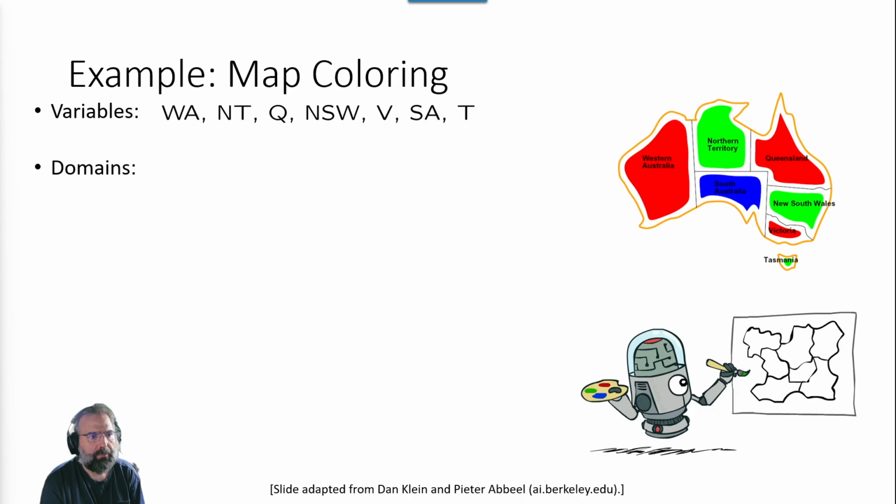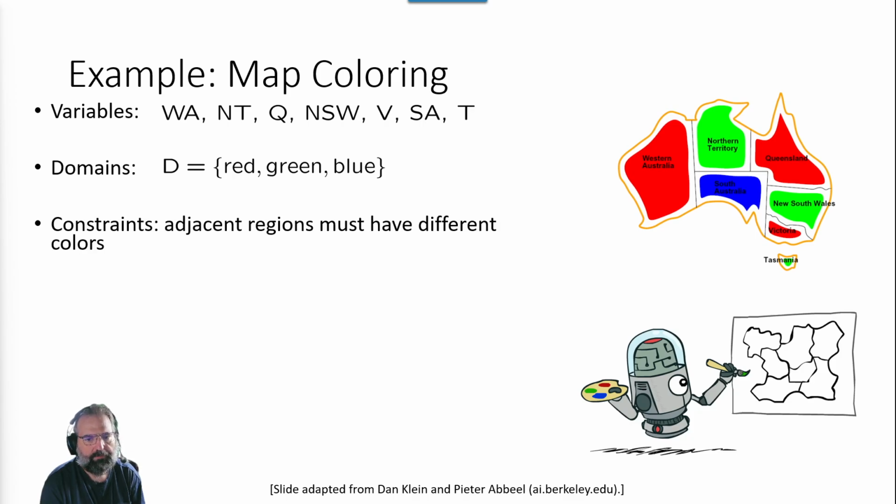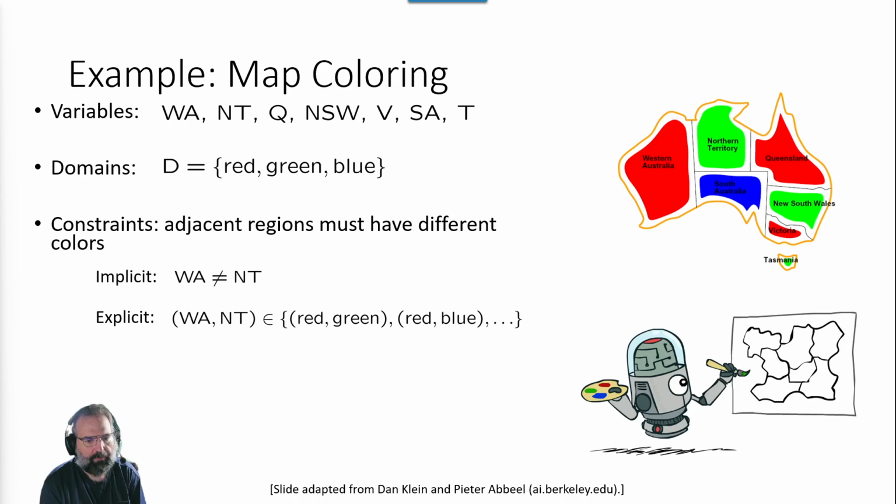For simplicity, we abbreviate Western Australia as WA, and NT is the Northern Territory, and so on. The domain is, in this case, the three colors we have access to. Adjacent regions must have different colors. That's our one constraint. So WA can't be the same color as NT, nor can either of those two be the same as South Australia, SA.